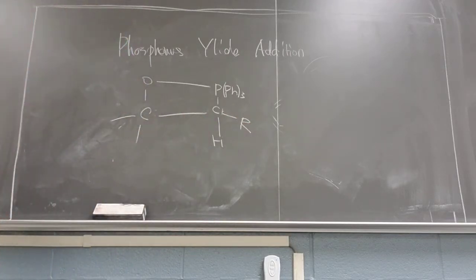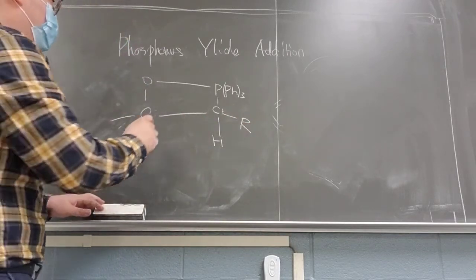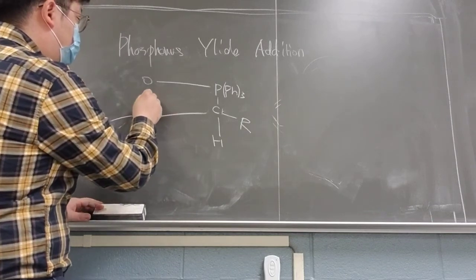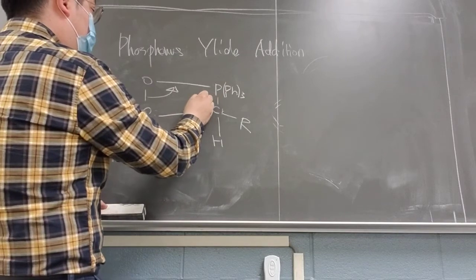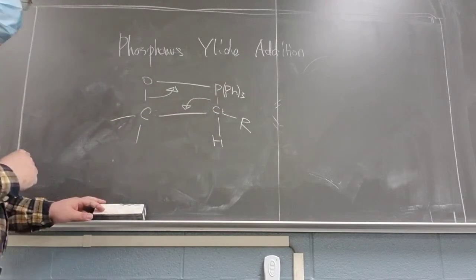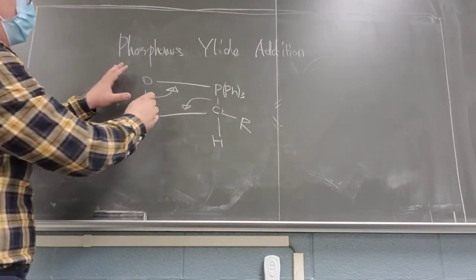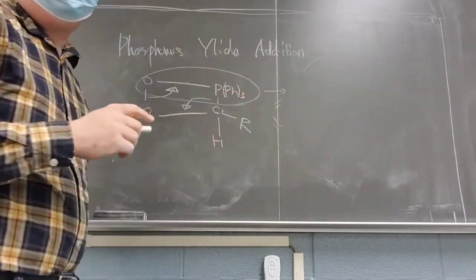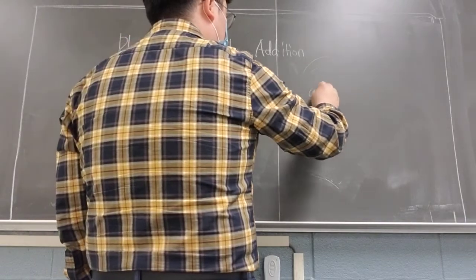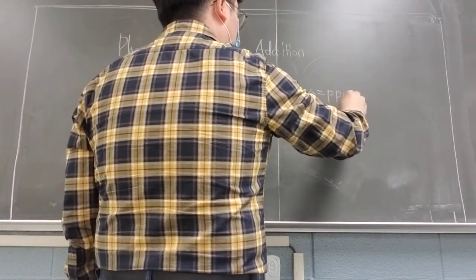So eventually they're going to this intermediate state, and then this goes to here, and this goes to here. So this will become triphenylphosphine oxide. It looks like this one.